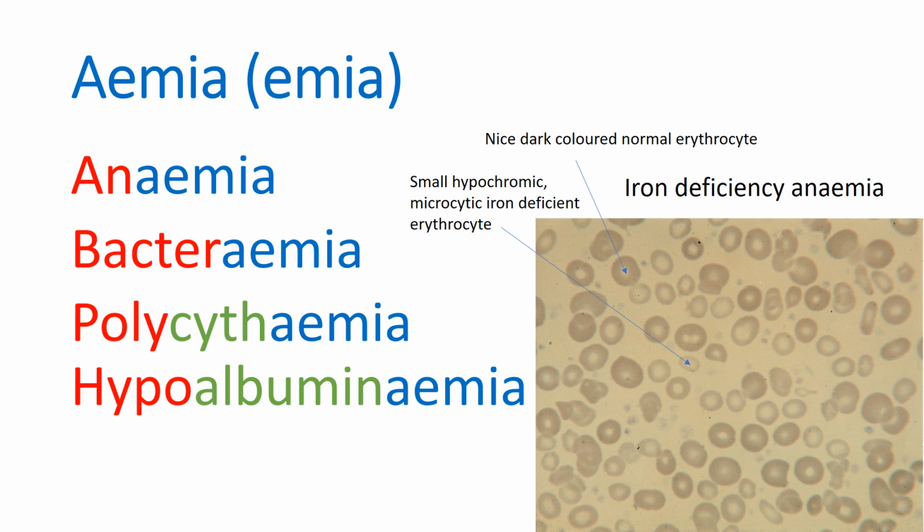So in polycythemia, there are too many red cells in the blood. Many cells blood, polycythemia. Hypoalbuminemia: hypo, low. Albumin is the most common protein in the blood plasma, and emia again in the blood. So low levels of the protein albumin in the blood, hypoalbuminemia.